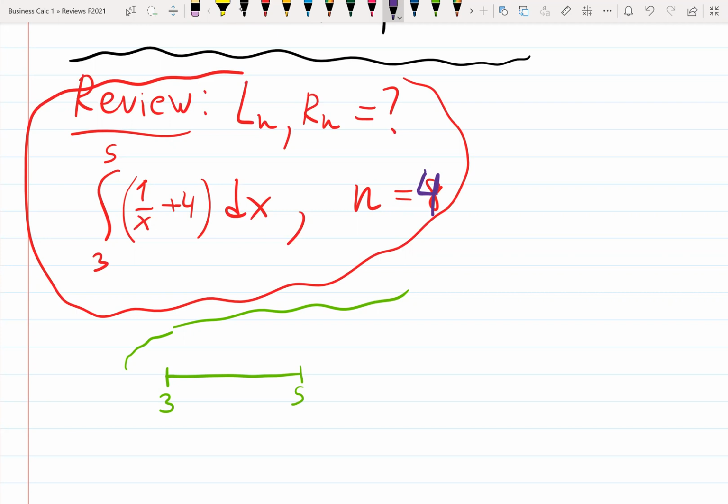If you want to have 4 points, you find this distance, 5 minus 3, that's a 2, and divide by 4 points. 2 over 4 is 1/2. So the step size is 1/2, and the number of intervals is 4 intervals, 1, 2, 3, 4.